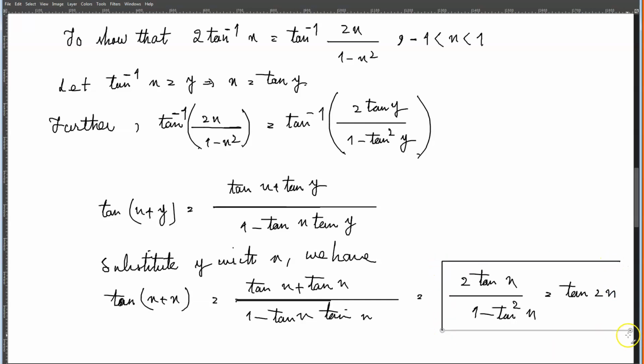So tan of 2x is equal to 2 tan x over 1 minus tan squared x, right?